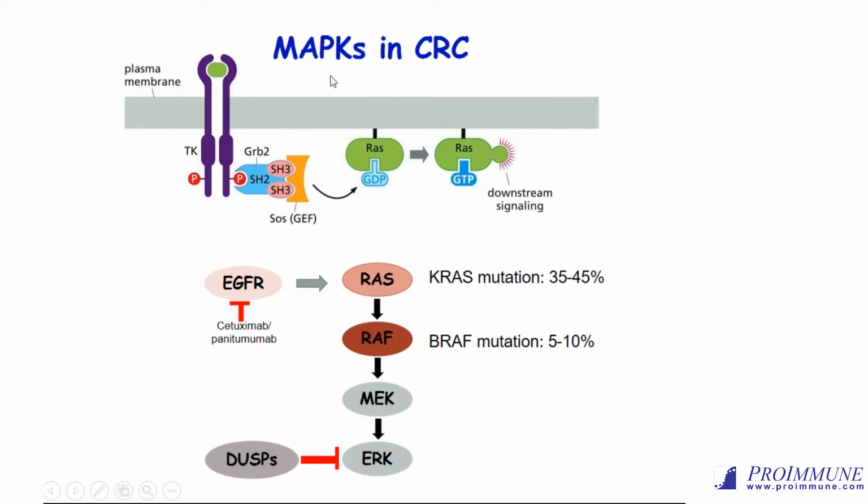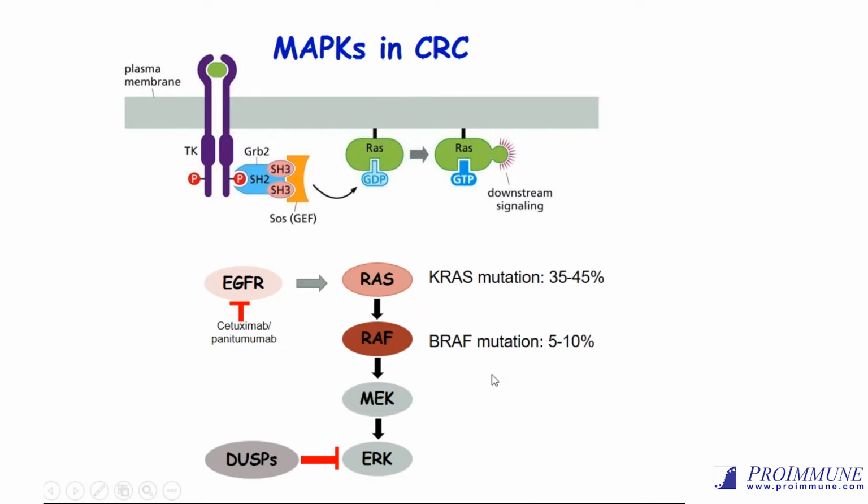So the MAPK signaling pathways, especially the ERK pathway, are highly represented in cancer. Mutations in this pathway are often associated with colorectal cancer. For instance, the KRAS mutation is identified in more than 30% of CRC patients.